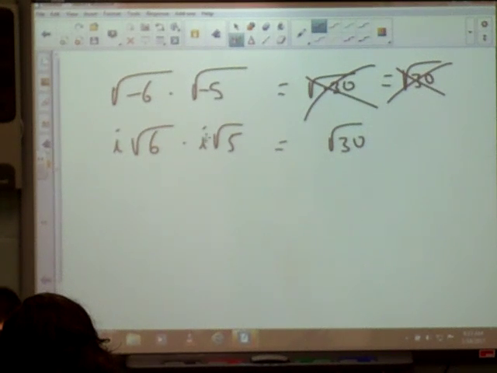What's i times i? That's i squared, which is the same as -1. So my negative has got to go in front of that radical. It's really pretty basic. I was just being a bonehead when I was struggling with it. Take the i's out before you multiply them.